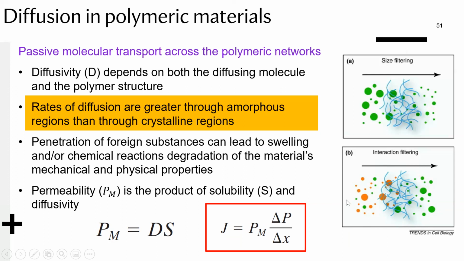Now, why is it that this entire slide exists in this lecture? Why is it that we care about this? It's because this, alongside the stress strain behavior, is a very important determinant of what polymer we use. In a lot of cases, we use polymers for vessels that contain a gas or another sort of molecule.